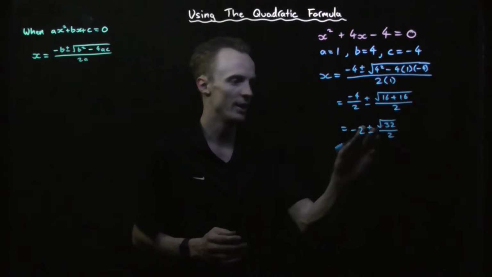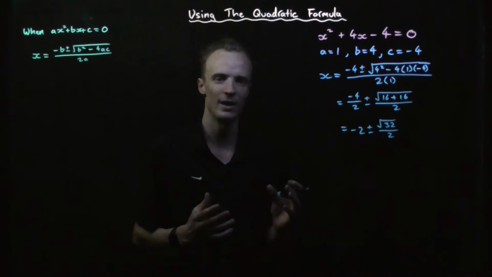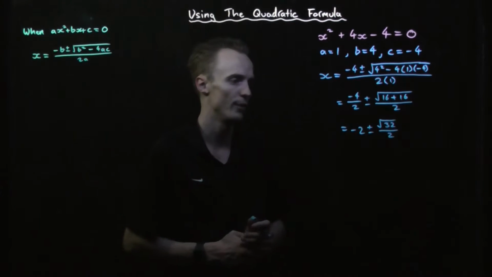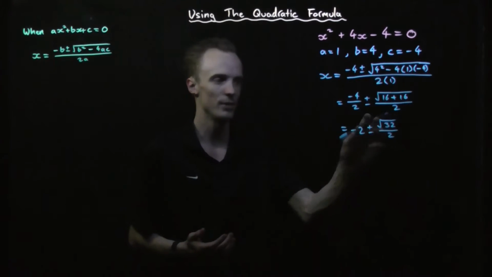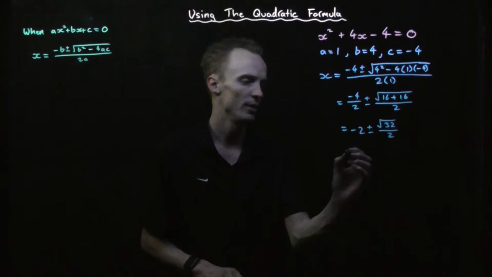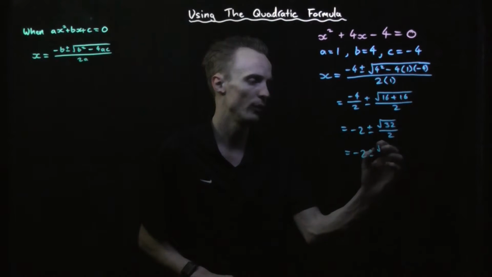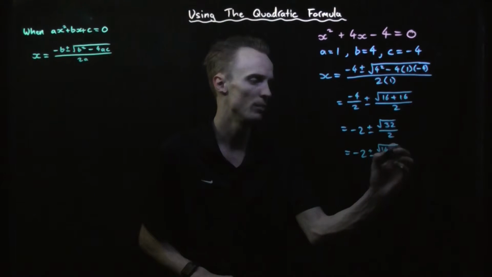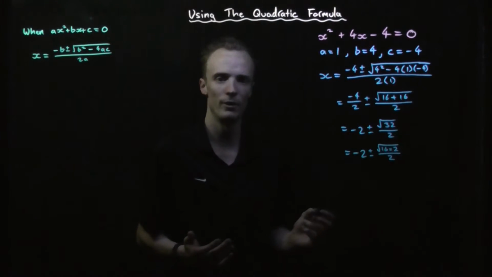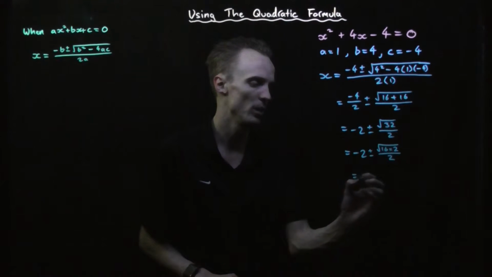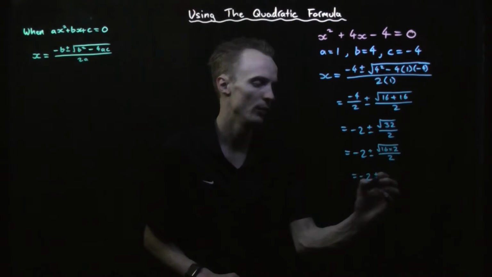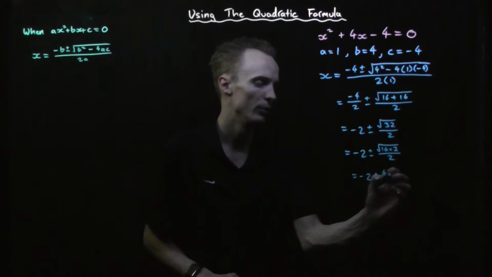Once I've got to here, I now look at this surd here and look at, can it be simplified any further? In this case, I notice that it has a factor of 16. So this can be simplified by going, it's negative 2 plus or minus the square root of 16 multiplied by 2, all divided by 2. Now the square root of 16 is 4, so this is going to be equal to negative 2 plus or minus 4 root 2 over 2.